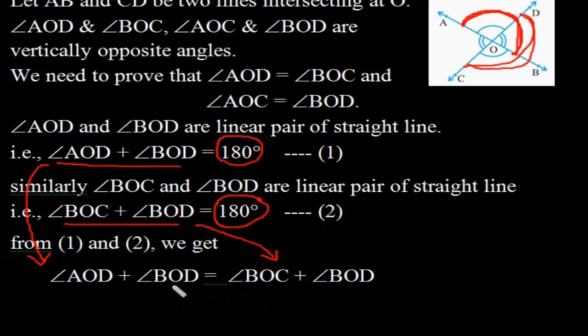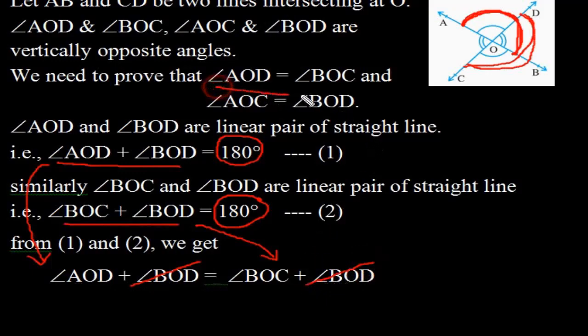Now both sides have angle BOD with the same sign, so if I take one BOD to the other side, it gets eliminated because it becomes positive and negative. So finally, angle AOD is equal to angle BOC.